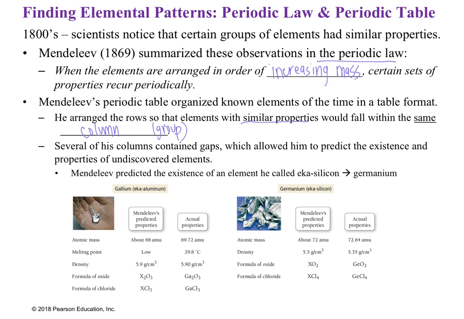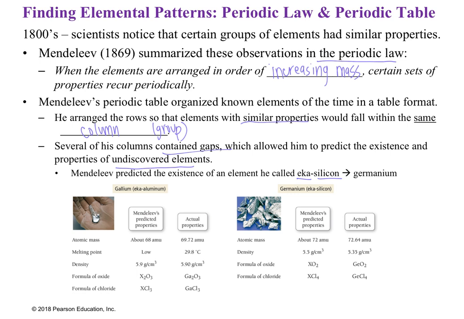In some of these columns, where we were arranging by mass and grouping within the column, there were some gaps. That gave them a hint that there might be an element that should go in that spot, and it actually did help them predict some undiscovered elements. So for example, what they called eka-silicon, very similar to silicon, ends up being germanium.